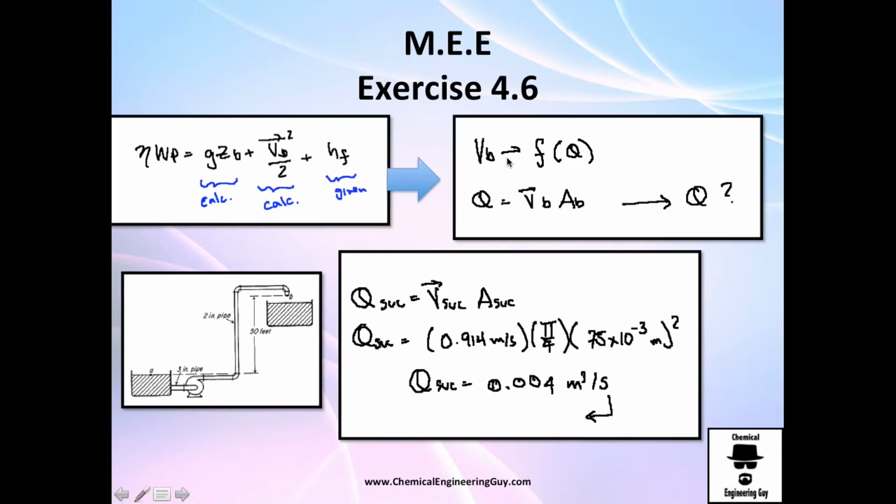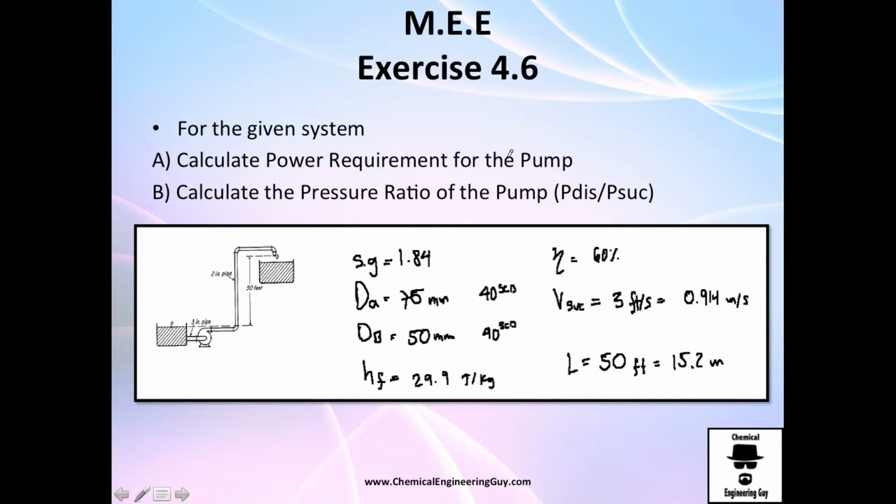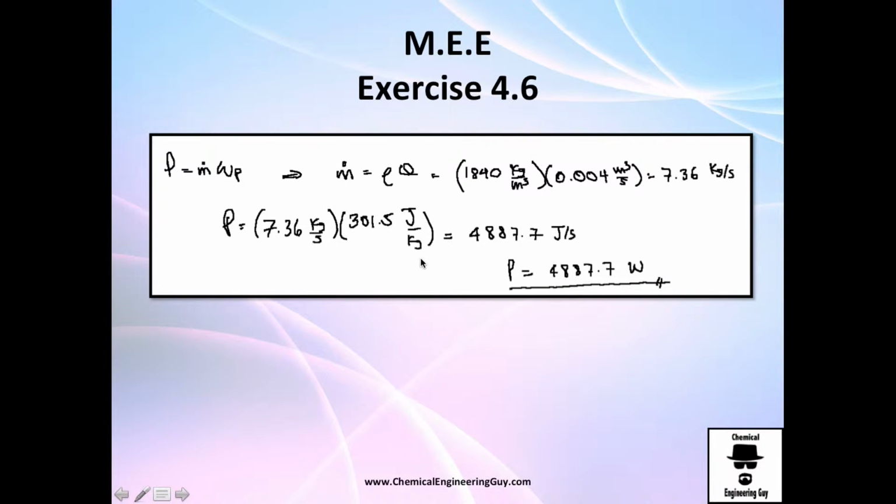No, but we know it's 1.84 in specific gravity, so just multiply by 1000, which is the density of water, and you will have 1840 kilograms per cubic meter. This is the density. The Q, yes, we got it. We calculated it previously, and we got 7.36 kilograms per second.